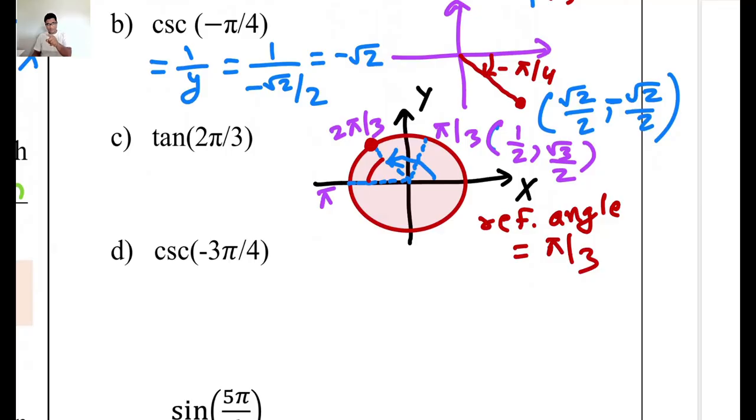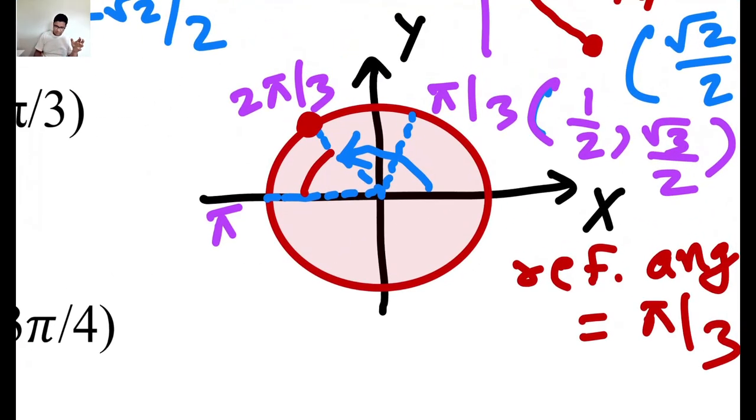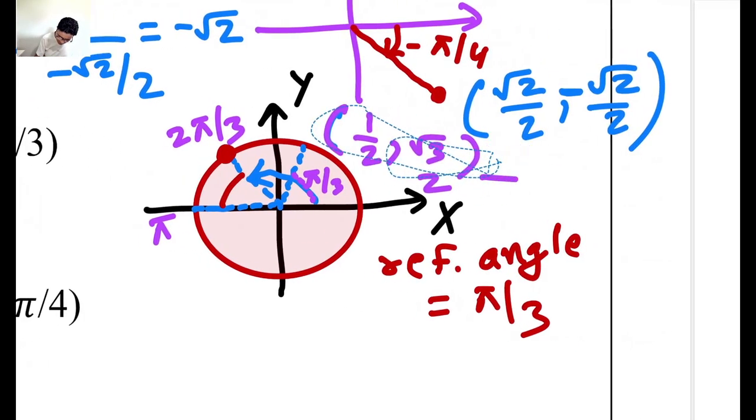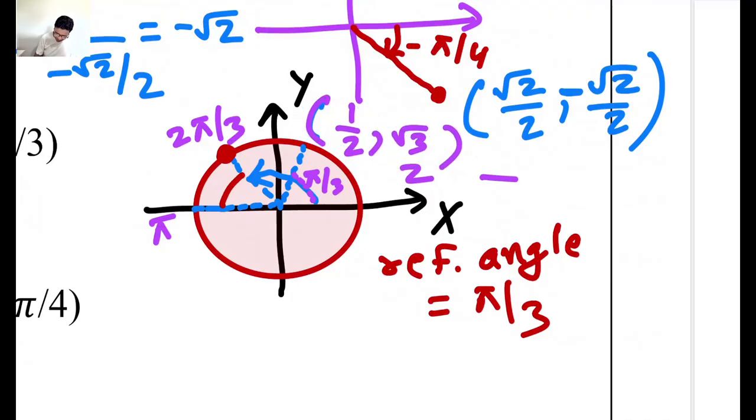Pi over 3 is the angle, 1 over 2, root 3 over 2 are coordinates of the point. Don't confuse. I wrote the angle there because it's cluttered to write inside the circle here. But you have to understand, this is the point, angle pi over 3, this part. And then I can remove this and bring all of that here.